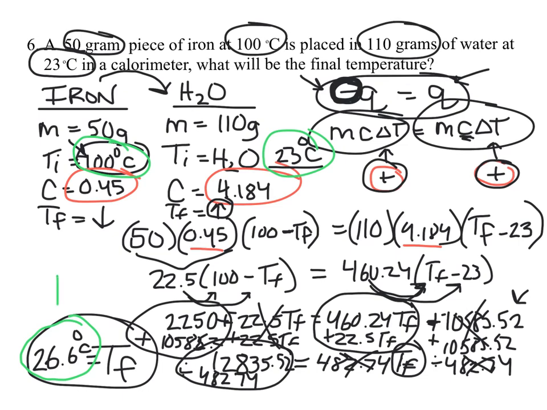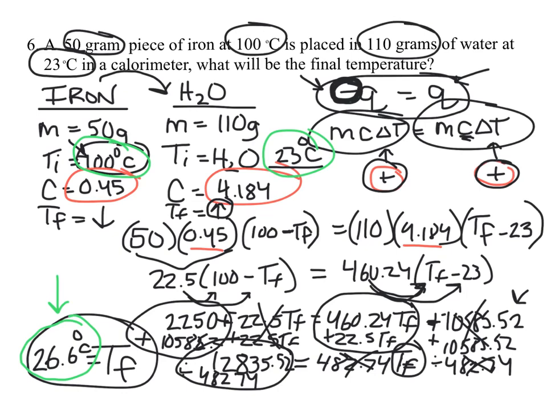That should make the water heat up just a little bit, and it did. Remember, water has a high specific heat capacity, so it is hard for water to heat up. So it's not a shock that the temperature only went up about 3.6 degrees. Overall, this seemed to make sense and be a realistic answer.